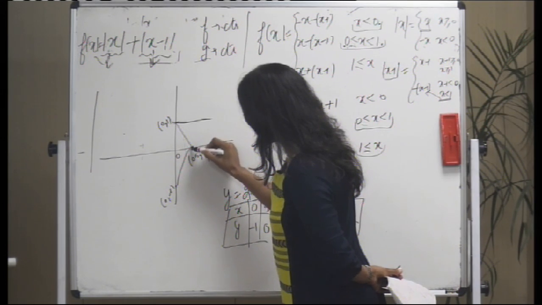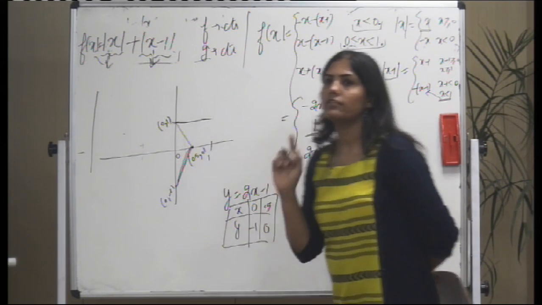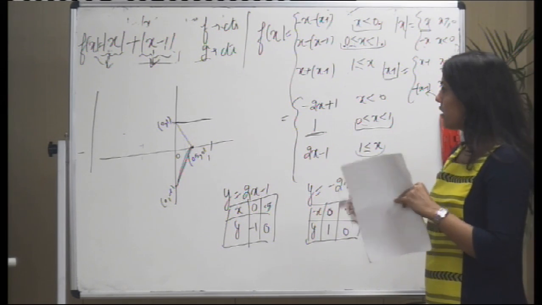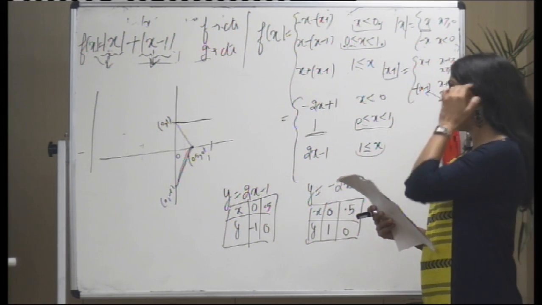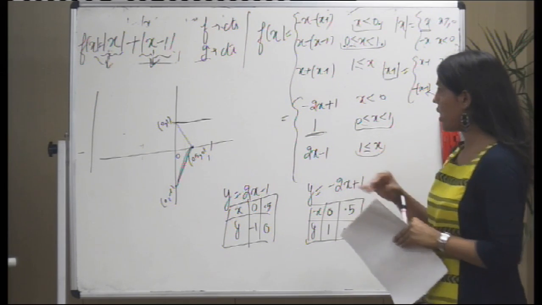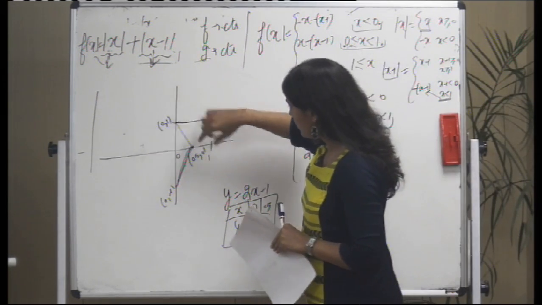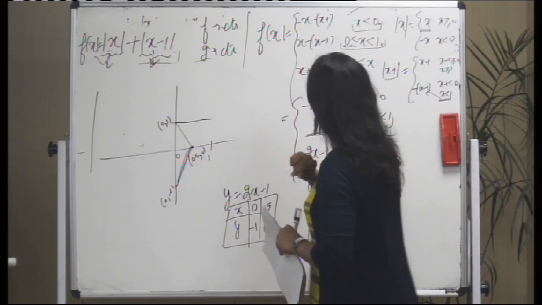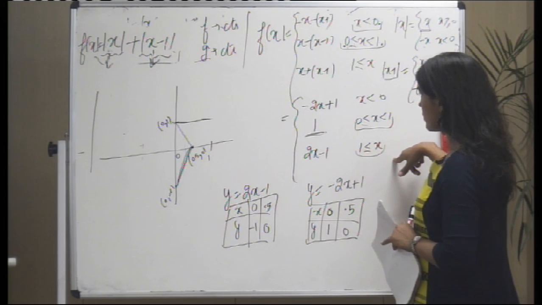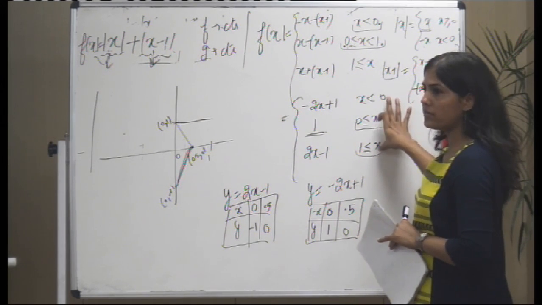So now you see, this is the graph. See the sharp edges now. At 0 it has a sharp edge, and you are getting two sharp edges.